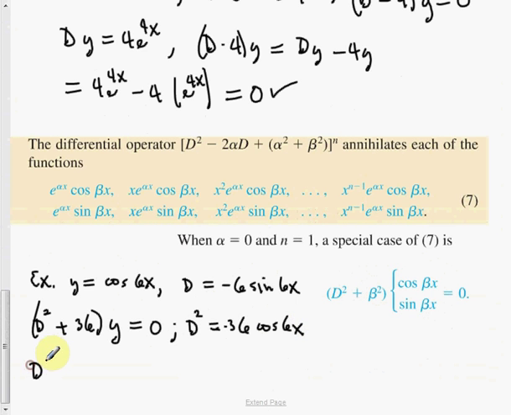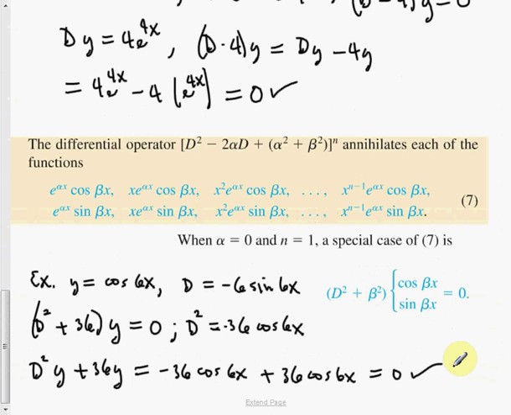So if I take d squared, apply it to that y, plus 36 times y, well, d squared on y is negative 36 cosine 6x plus 36 times y. Y is cosine 6x. I get 0. Okay? So if I give you a single cosine or a single sine, what annihilates that? It's d squared plus beta squared. Right? Now let's look at some problems.